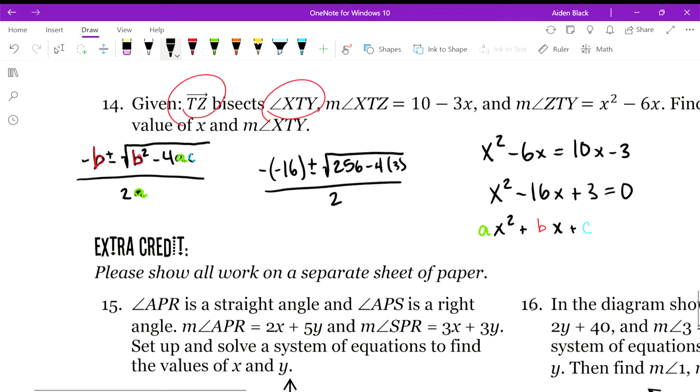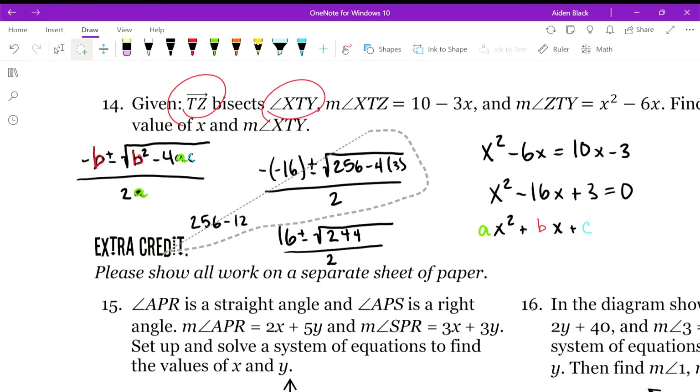Okay, let's simplify it. We get 16 plus or minus the square root of 256 minus 12. I'll just do this on the side. That is 244, all over 2.